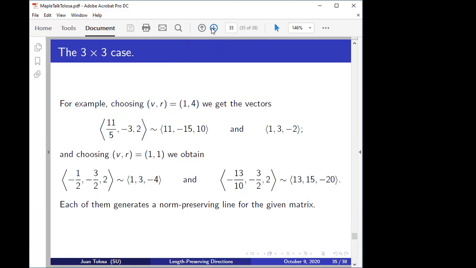So here I highlighted a couple of cases when V and R are correspondingly equal to 1 and 4, you get two such vectors. And for another choice of V and R, you get another two. So of course, the 3x3 case is wide open here.